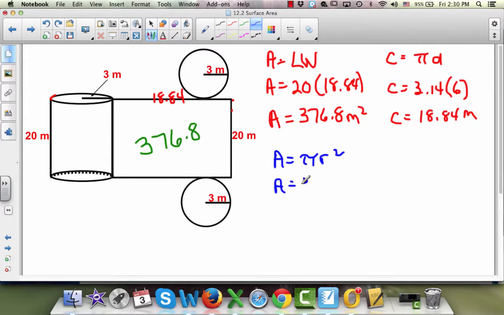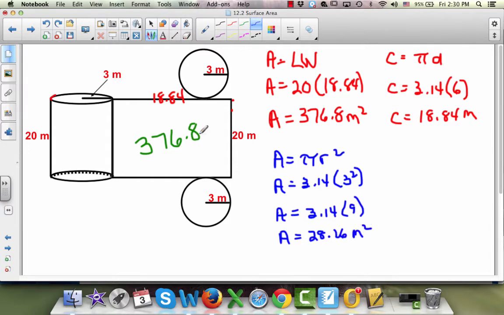Area equals 3.14 times 3 squared, which gives us area equals 3.14 times 9, which gives us area equals 28.26 meters squared. So that means this top one up here is going to be 28.26. The bottom is the same thing, so it's going to be 28.26 as well.